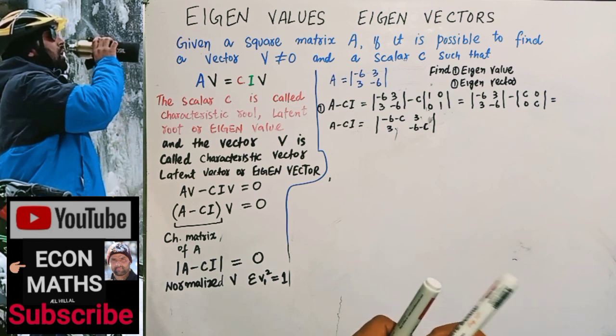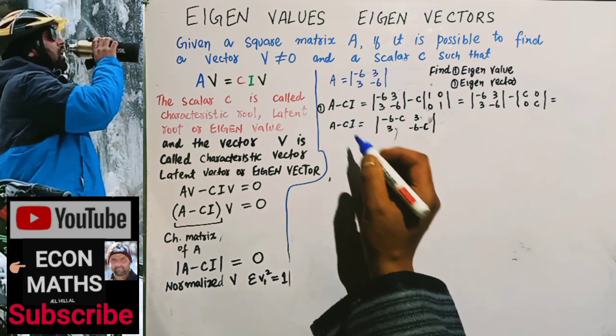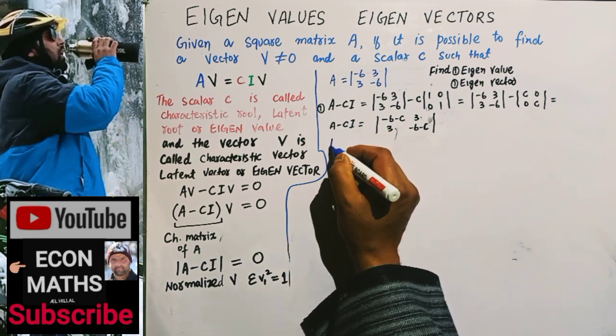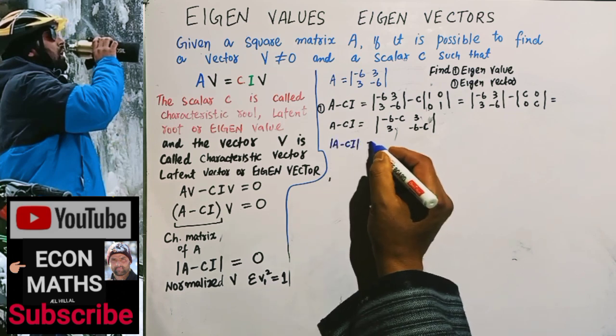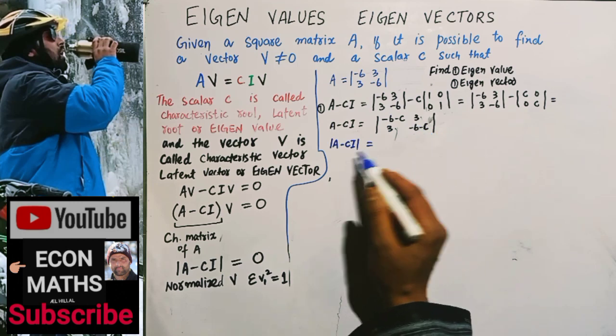For getting the eigenvalue, we take the determinant of this matrix, A minus CI, and set it equal to 0.